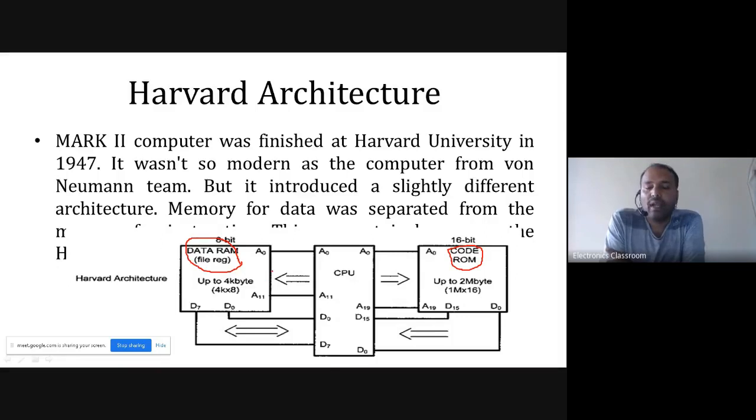The CPU has a separate address bus for data as well as a separate address bus for code. Since both memories are separate, our CPU is connected with a separate data bus to carry data to and from our data memory to the microcontroller, as well as from the microcontroller to the data memory.